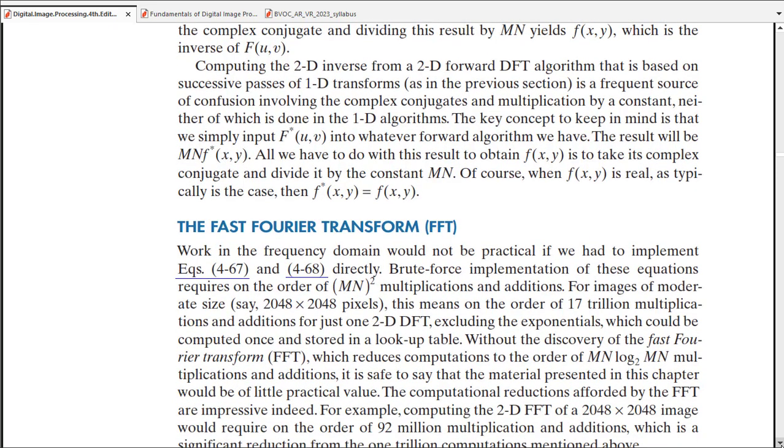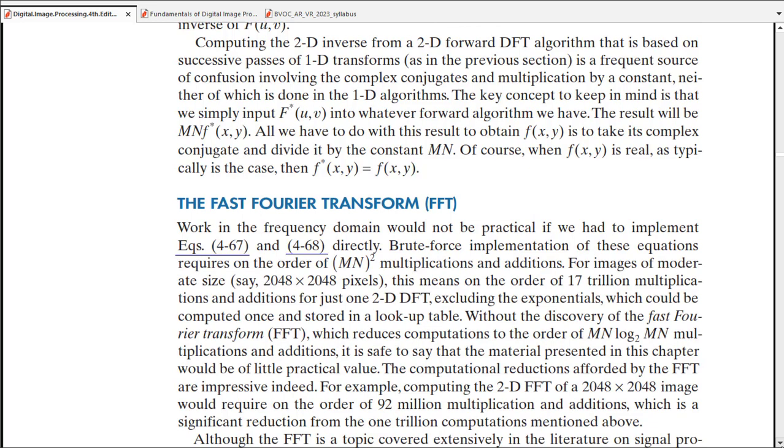In the fast Fourier transformation, working in the frequency domain would not be practical if we had to implement this equation directly, which is the brute force implementation.